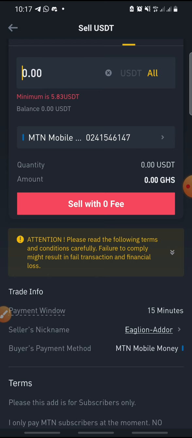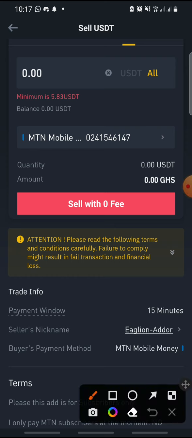Once I push this button, the smart contract gives 15 minutes for all the transactions to go through. After 15 minutes, it's even here. You can see it. So after 15 minutes, if the transaction is not successful, the smart contract will send my money back into my wallet, and then there's no business.